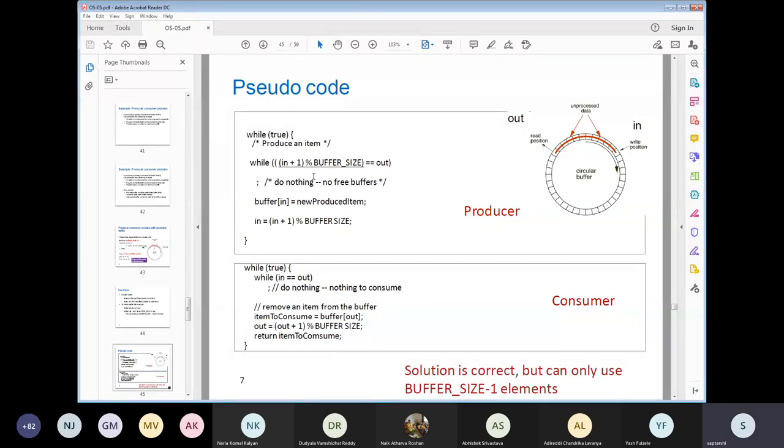Can you unmute yourself, Shaumitro? Yes, sir. What is the question? Sir, if it was in plus 1 modulo buffer size equal to out, then the one memory was lost. Every time we are incrementing inside the while loop, in equals in plus 1 modulo buffer size.